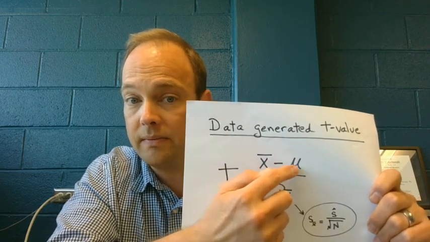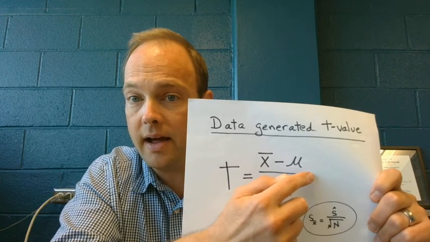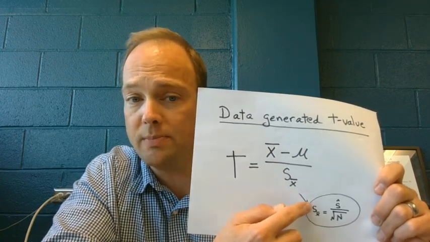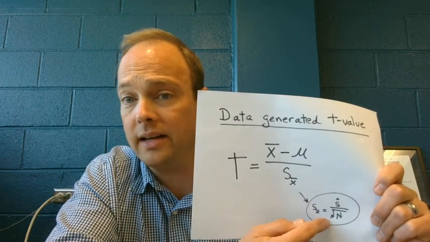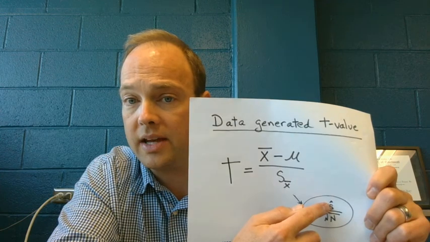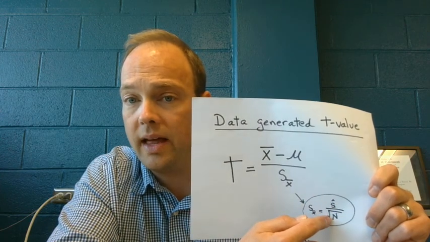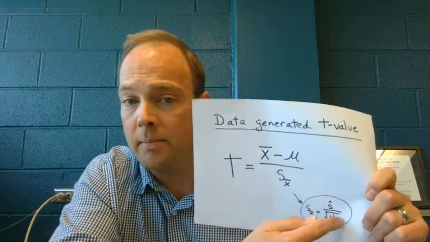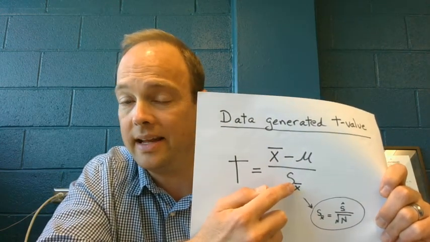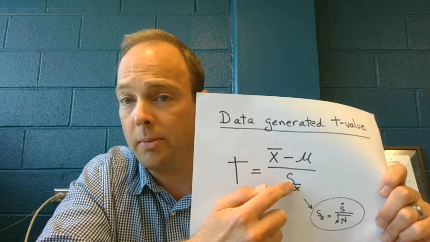That difference gets divided by the standard error for the sample, which, by the way, is calculated exactly like it was calculated before: the standard deviation for the sample divided by the square root of n. That amount, the standard error for the sample, gets placed in the denominator of the formula.